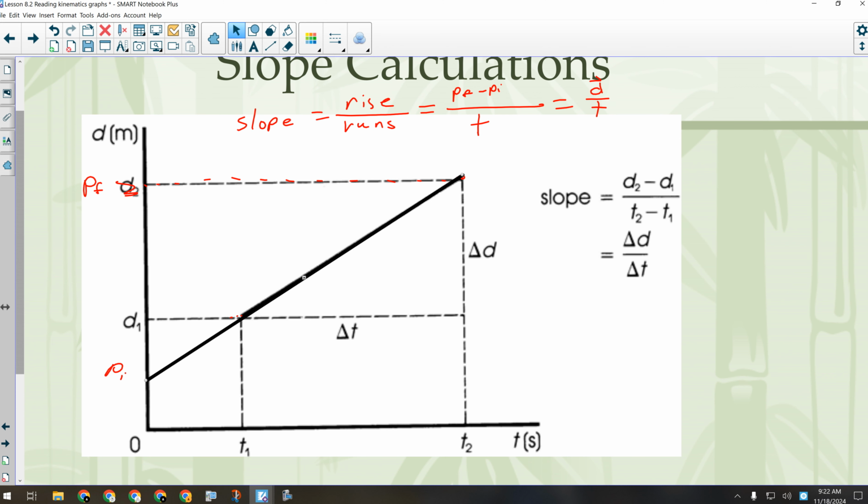I take the change in y, the rise, and I divide it by the change in x, the run. On this particular graph, the change in y is the change in position, and the change in x is the change in time, delta d over delta t. So on a position versus time graph, my slope represents the velocity of the object. Everybody okay with that? Again, that's not something I want you to memorize. That takes no time at all to figure out.